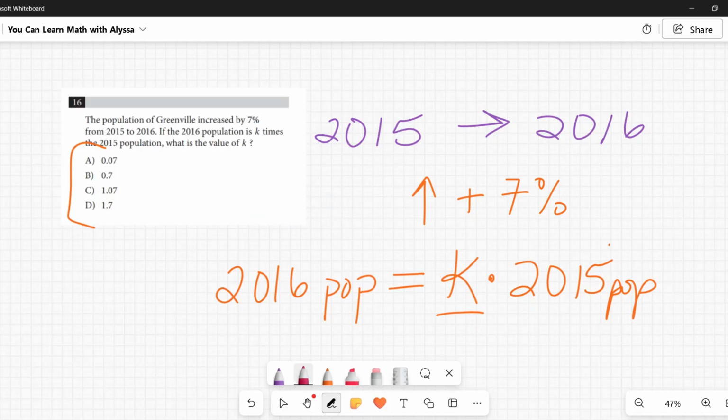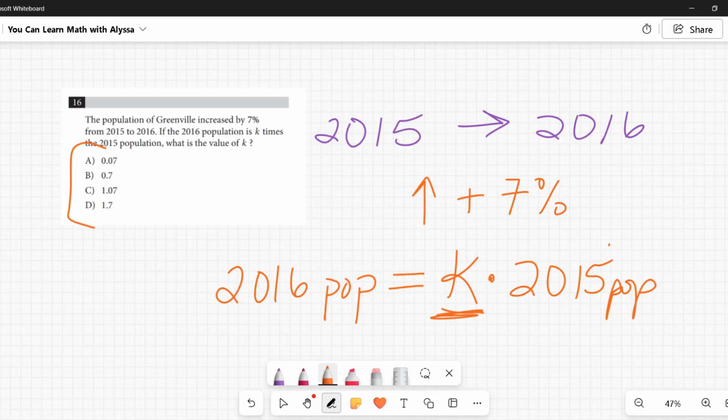Our third one is 1.07, which is 107 hundredths, or 107%. And then our last one, 1.7, is 170 hundredths, or 170%. So which of these numbers could I insert into here and get this increase?